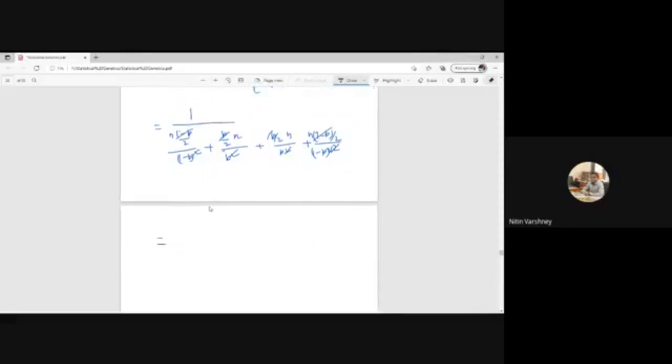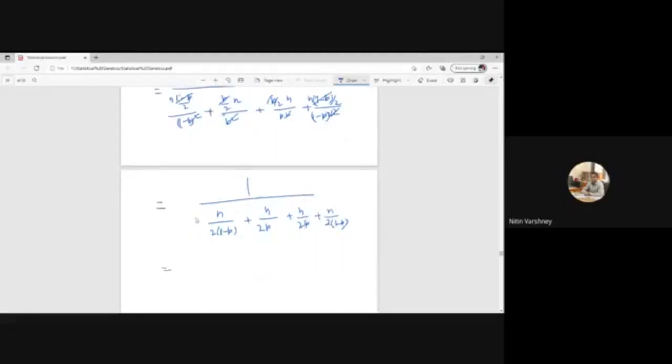Now what will remain at last? Then we will get 1 upon n upon 2 into 1 minus p, plus n upon 2p, plus n upon 2p, plus n upon 2 into 1 minus p. Okay, suppose I take 2p into 1 minus p as the LCM, so I'll take this upper side 2p 1 minus p, and here I will remain with 2 times 1 minus p: pn plus 2pn(1 minus p) plus n(1 minus p) plus np.